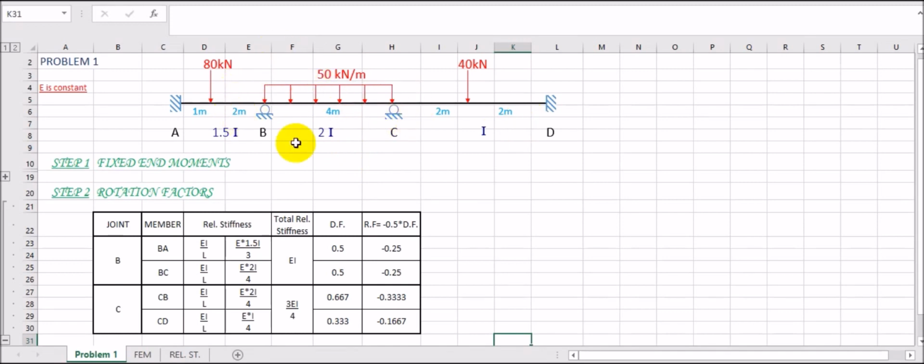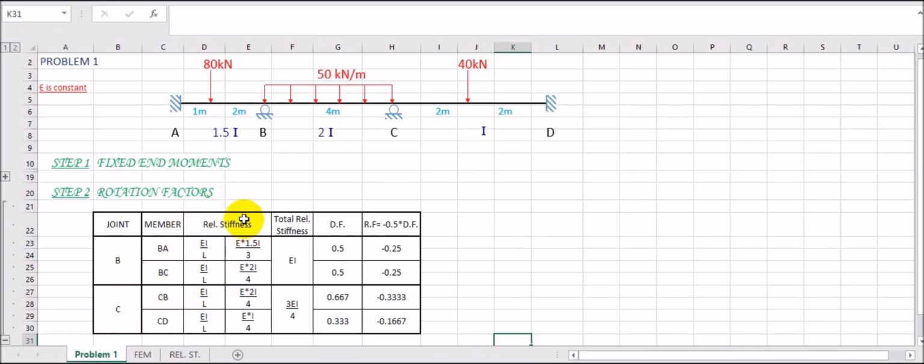That is the reason they are called intermediate joints. So members BA, BC, CB, CD. The first column is our joint, which is B and C. The second column is member, the members connected to my joints. That is, for B it is BA and BC, for C it is CB and CD.